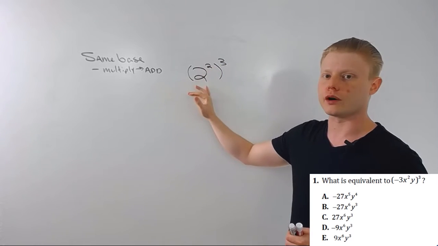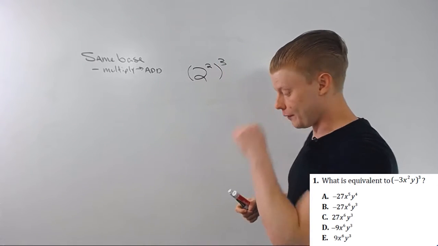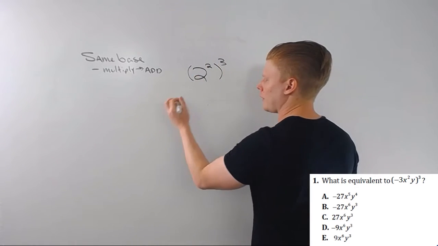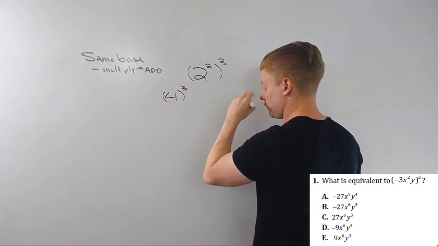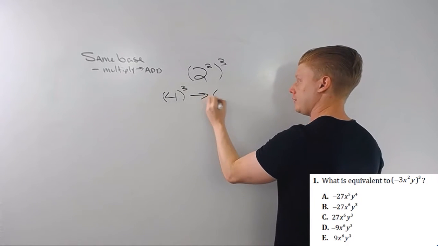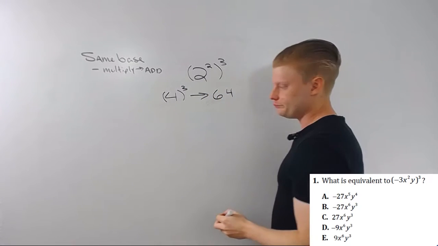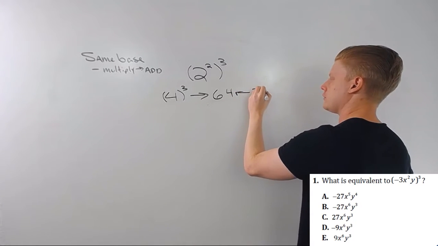So let's actually work it out arithmetically, and then we'll circle back and talk about the exponents. 2 squared is 4. So now we have 4 cubed. 4 times 4 is 16, times 4 is 64. 4 cubed is 64. I can rewrite that as 2 to the 6th.